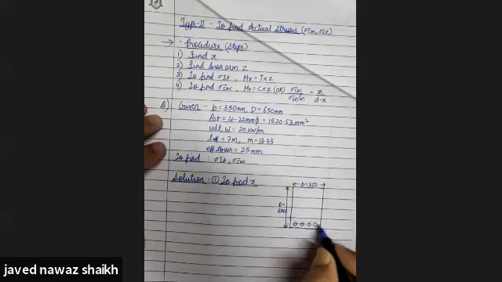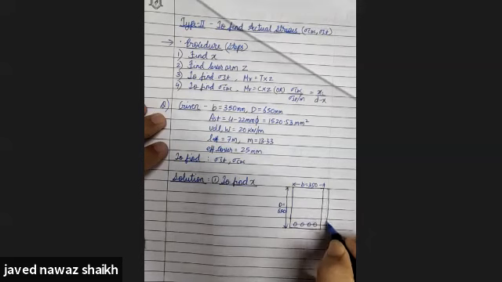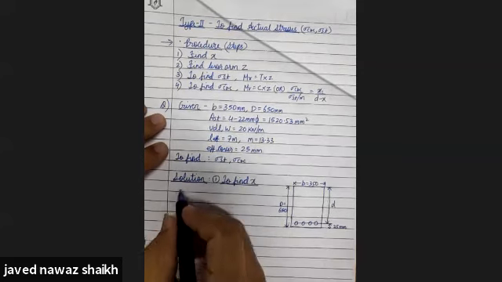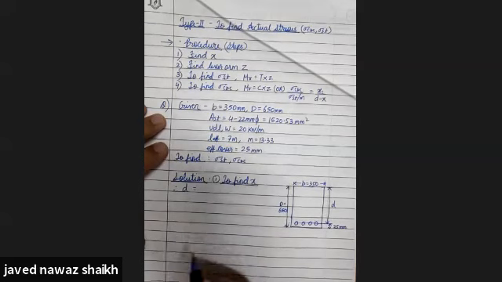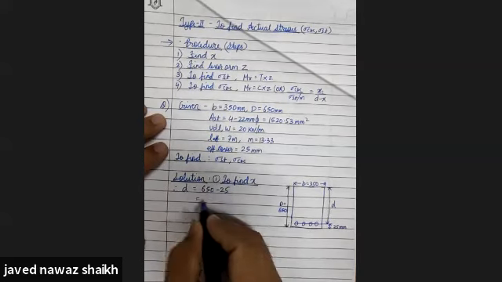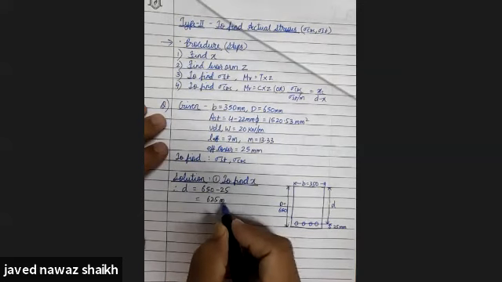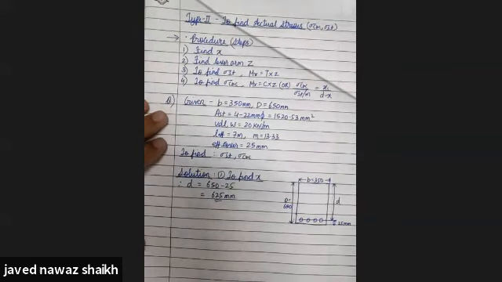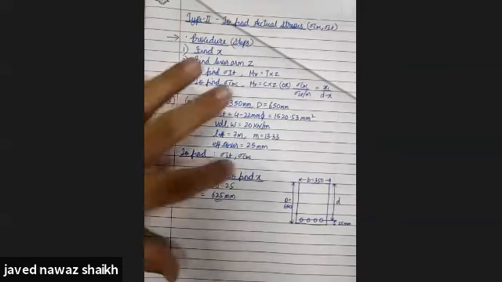Okay, so 4 bars. So this is 25 mm. This is your effective depth. So therefore, effective depth is given by 650 minus 25. So this is 625.